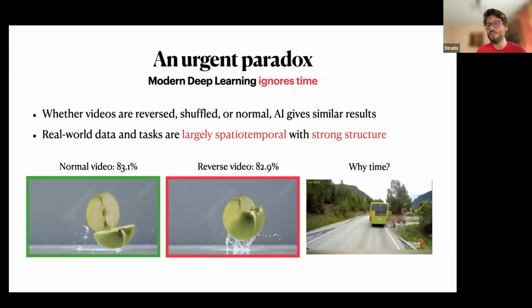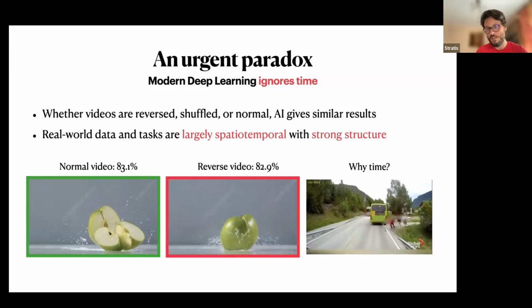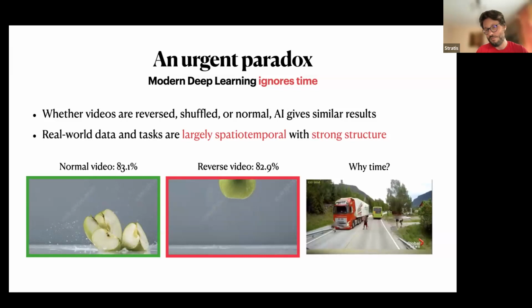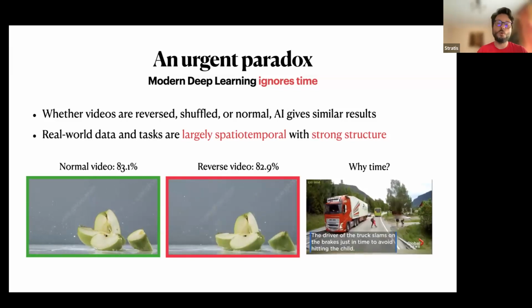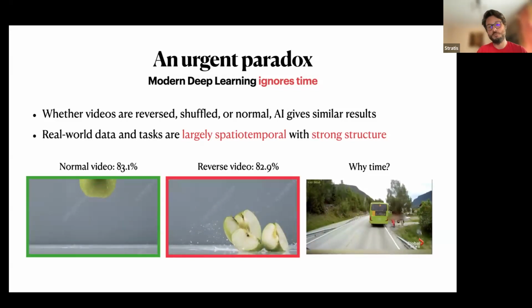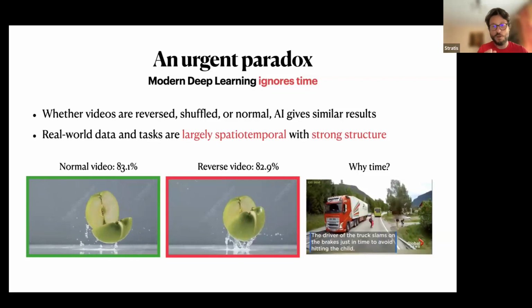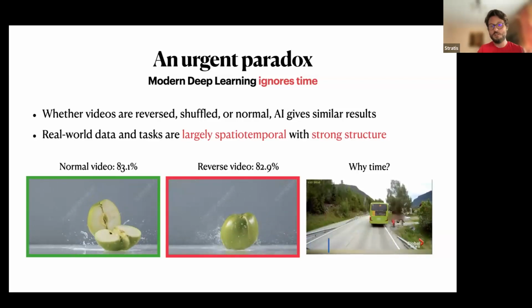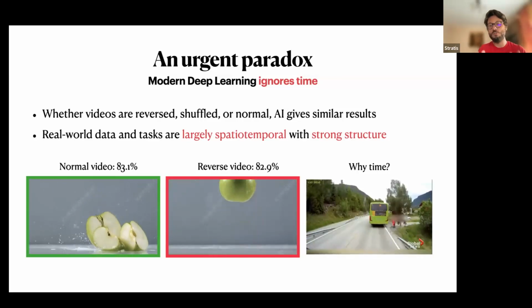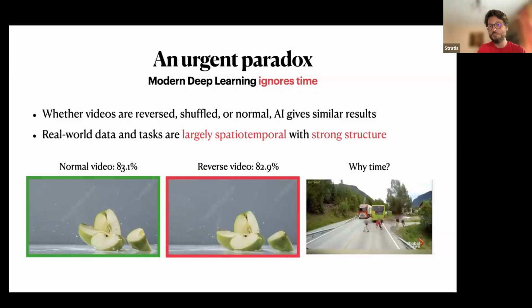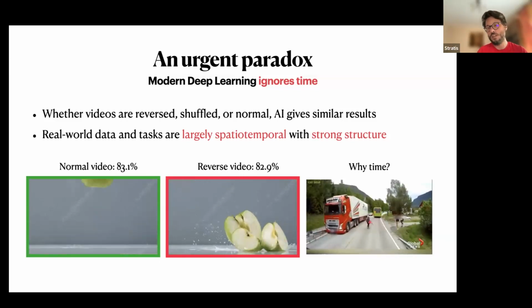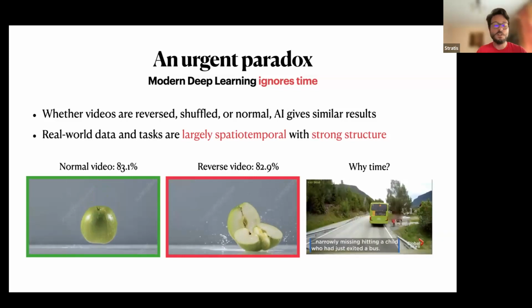The AI will give similar results. And of course, we're talking about the vanilla deep network. Of course, one could make hacks, can make specific choices to guide the deep network for a specific problem. However, in general, the deep network was ignoring time. And if we would literally shuffle the frames, we would get very similar action classification performances.